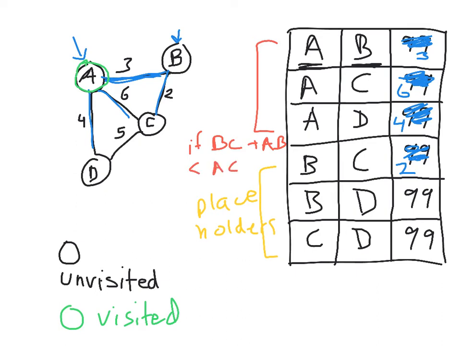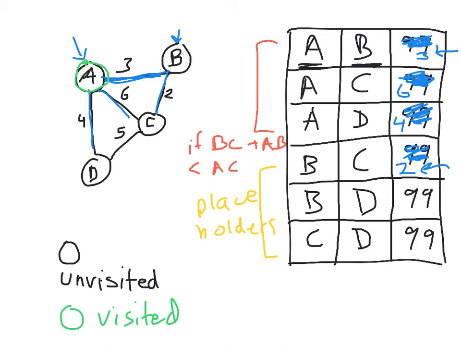Because we want to see if that actually is a shorter path than A to C. And in the end, it is. So what we have here, and I'll check it in blue, is B to C we found was 2. And if we add that with the 3 from A to B, that gives us 5, which is less than our A to C value.